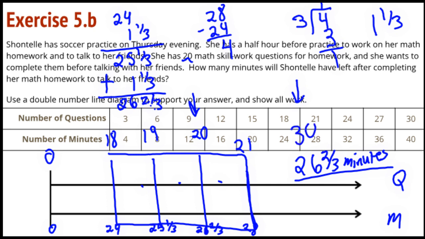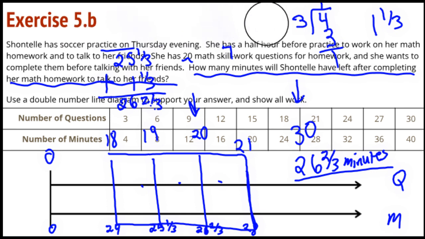So if I take the 30 minutes and subtract the 26 2/3, then I can see how many minutes she will get to talk to her friends. Well, I'm going to add one more third here to my 26 2/3.